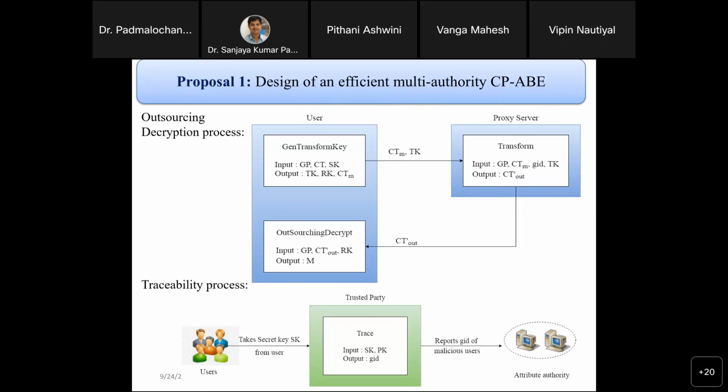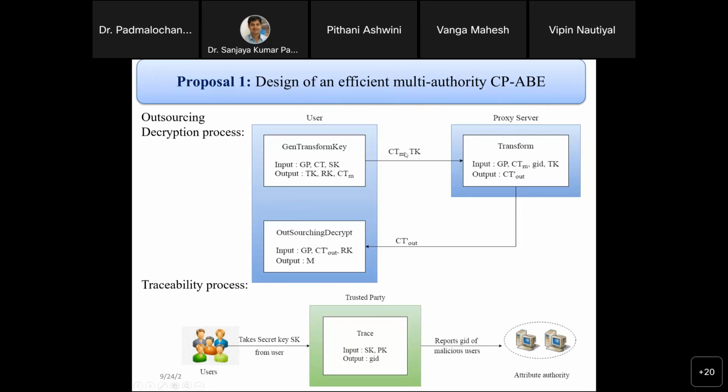CTM is another component, which is some variant of the ciphertext, a modified component of the ciphertext. So these components are sent to the proxy server.